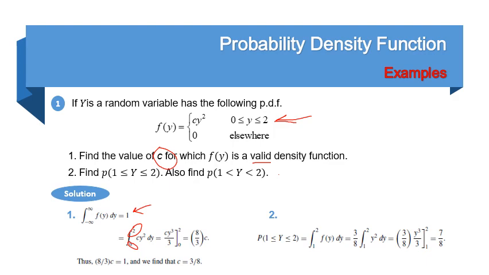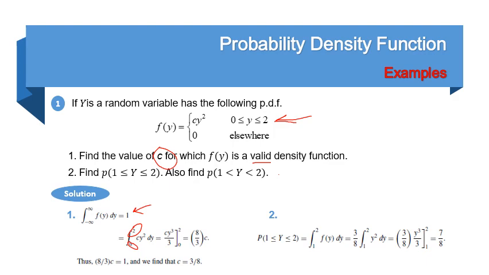As you see here, the integration of cy squared dy is you put the c aside, and the integration of y squared is y cubed over 3. Then we substitute by 2, replacing the y by 2. We have c 2 cubed over 3 minus, you substitute the lower bound, which is 0, c 0 power 3 over 3.